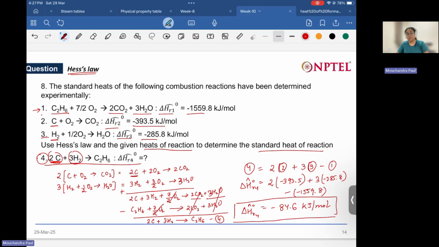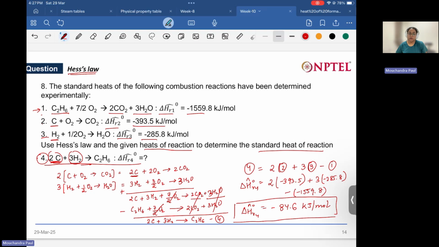So this becomes very helpful in cases where you cannot perform this particular reaction experimentally, and thus you cannot determine the heat of the reaction experimentally.